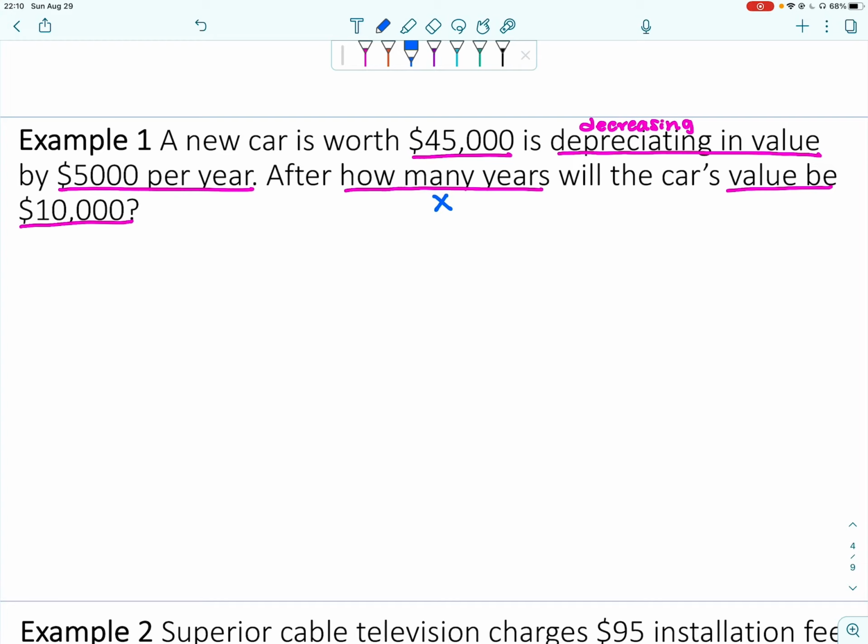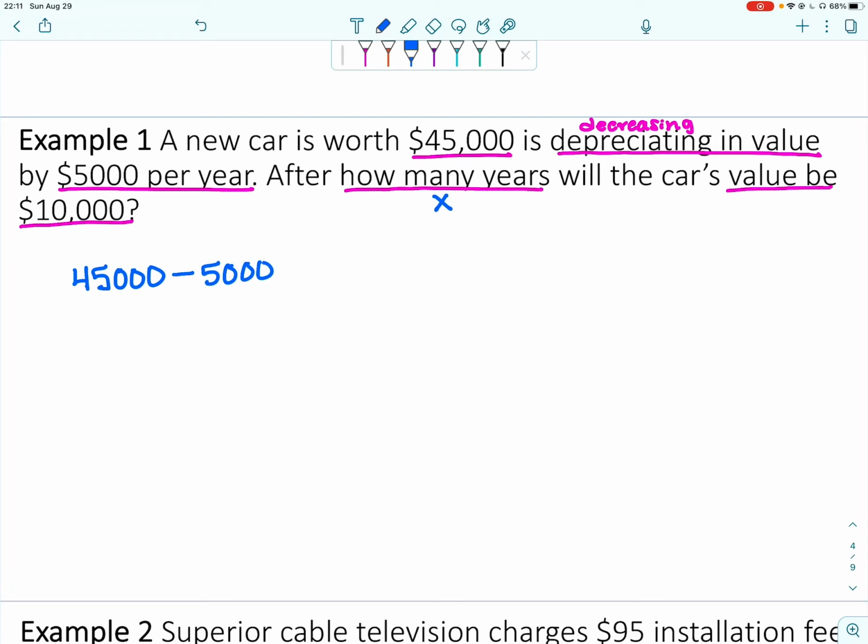So I know that the value is starting at 45,000. If it's depreciating, that means it's decreasing. So we're subtracting $5,000 per year. So every year, if 1 year goes by, we've lost $5,000.